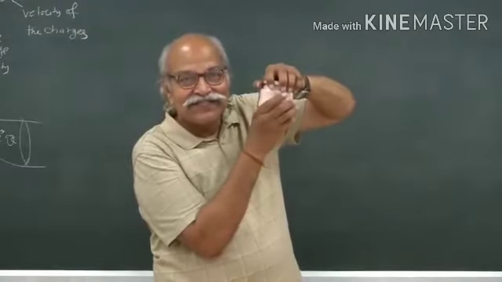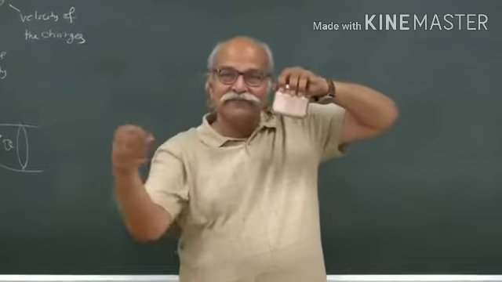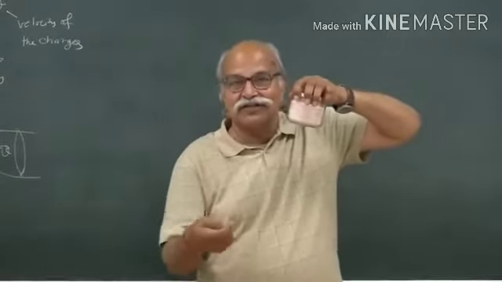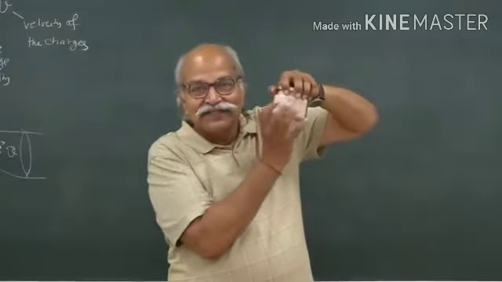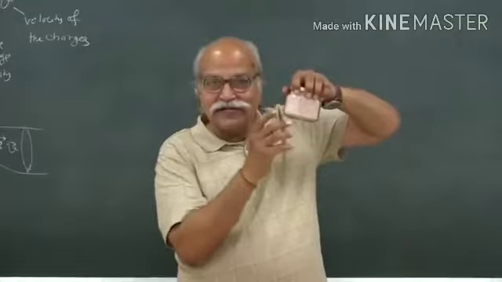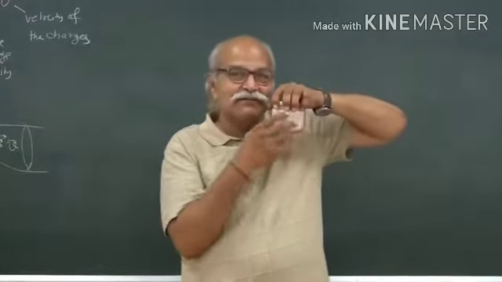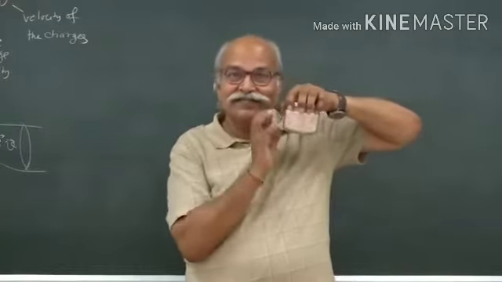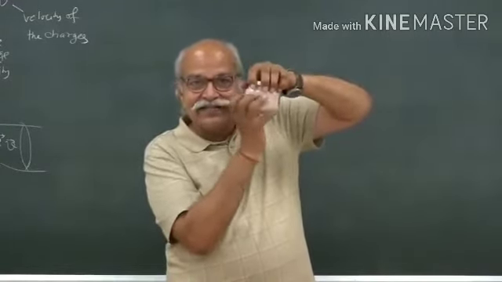All this salt which is there, each grain, suppose somehow I make them charged and then fill it. So, this whole volume is filled with the charge, and if all the salt is uniformly distributed and also uniformly charged, then you have a uniform charge density in a cylindrical volume.